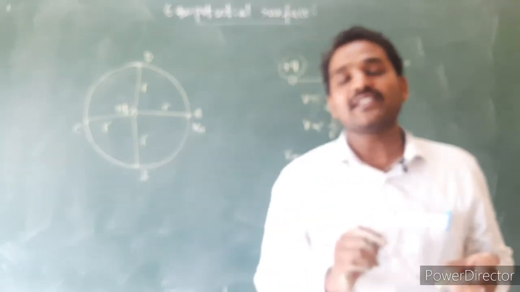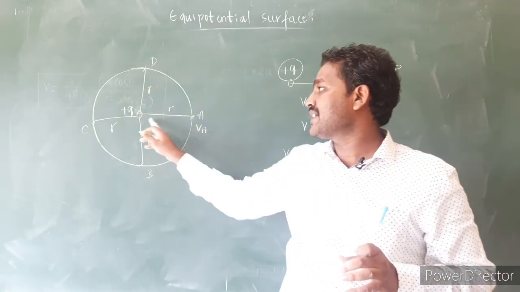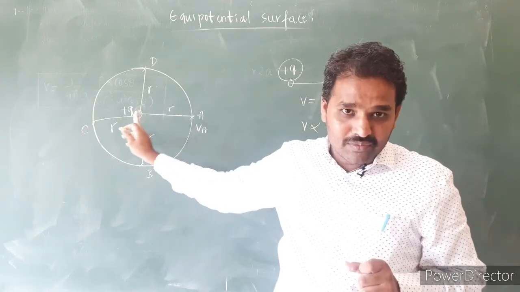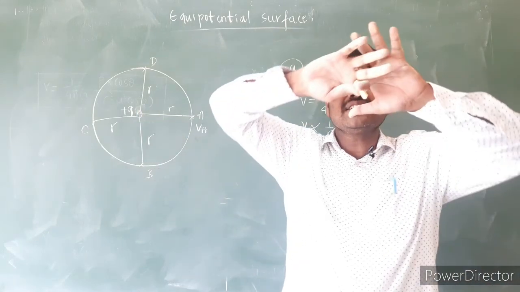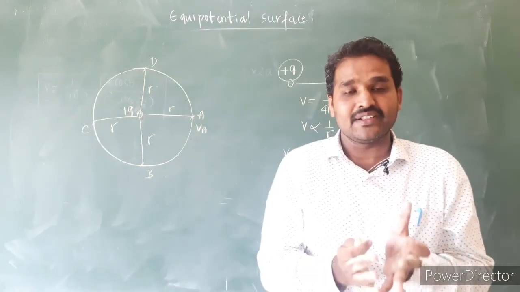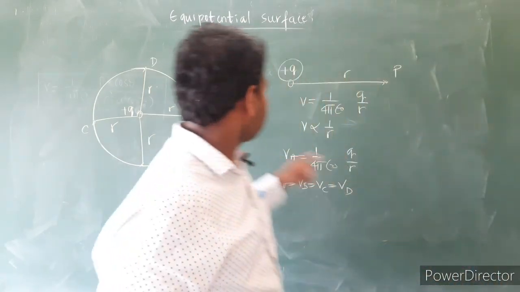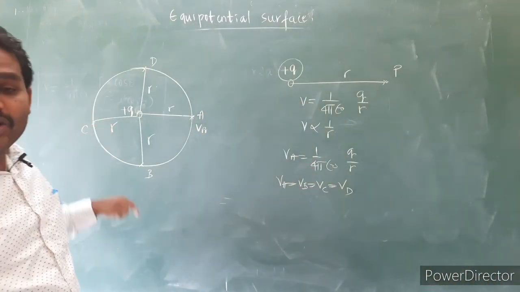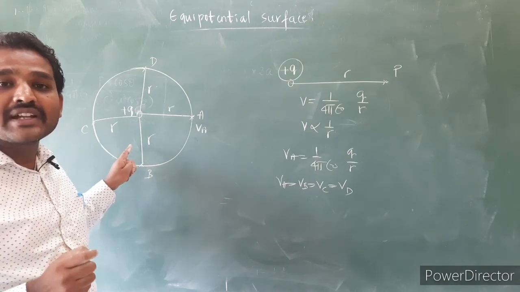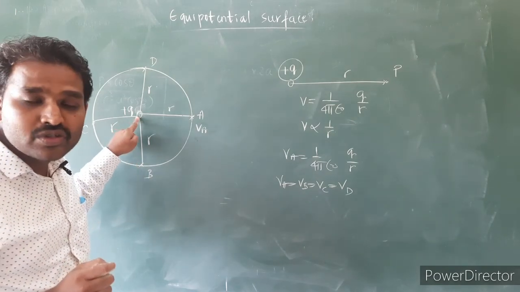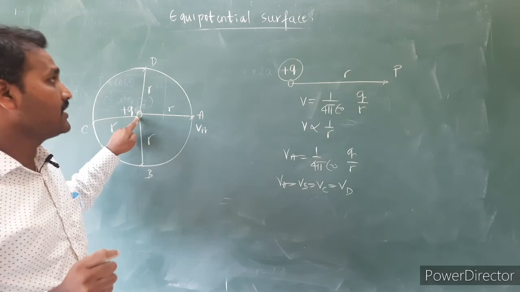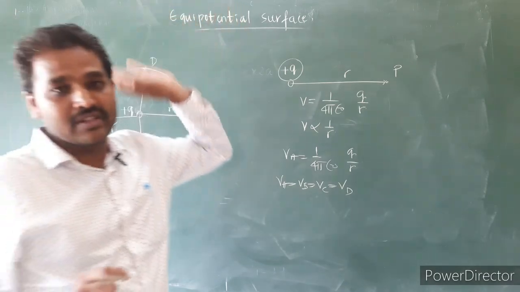But what is the condition? All those points must be at the same distance of r from the source charge. This 3-dimensional surface, on which the electrostatic potential due to the source charge is constant, is called an equipotential surface.